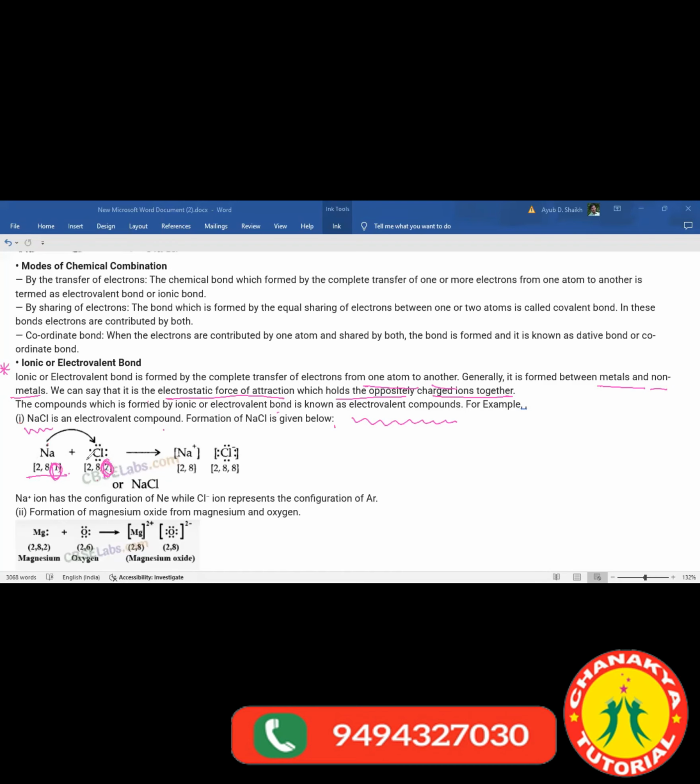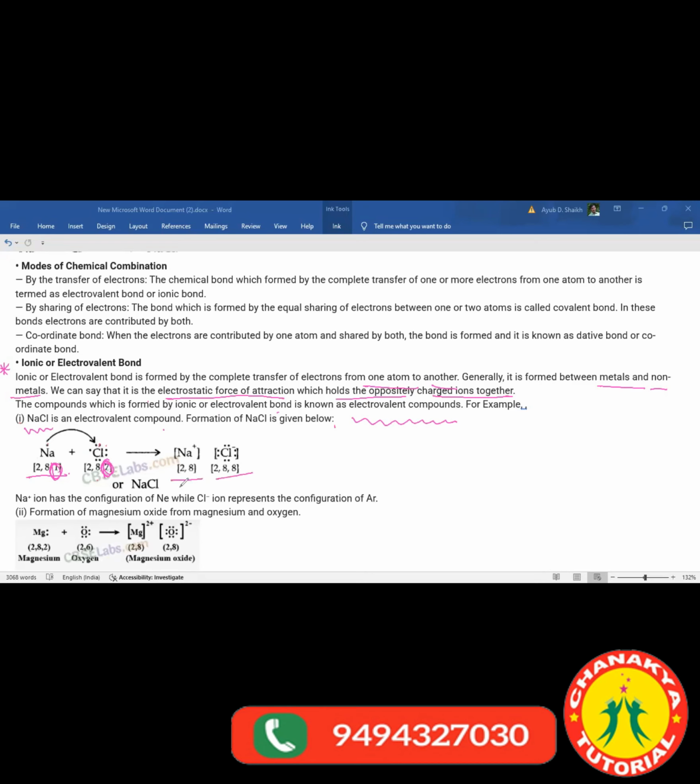That has been shown. So to complete the octet, sodium is supposed to give this one outermost electron. So it donates one electron, and to complete the octet, chlorine should gain one electron. So sodium would give one electron, and chlorine will gain one electron from the sodium, and both complete their octet.